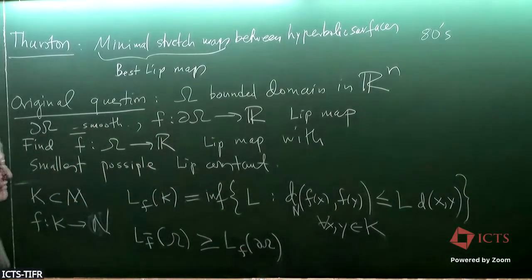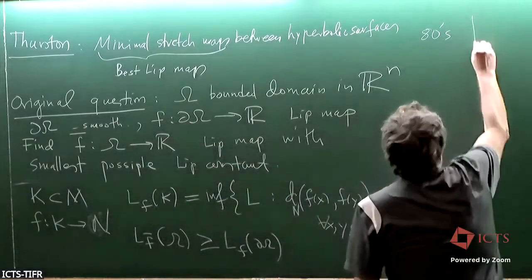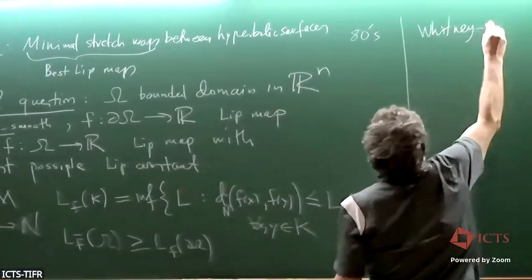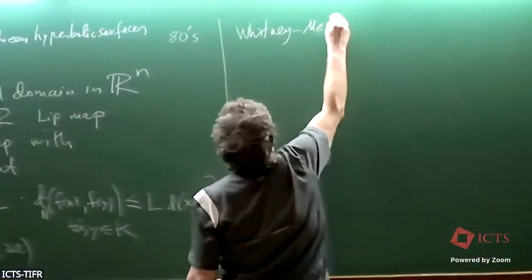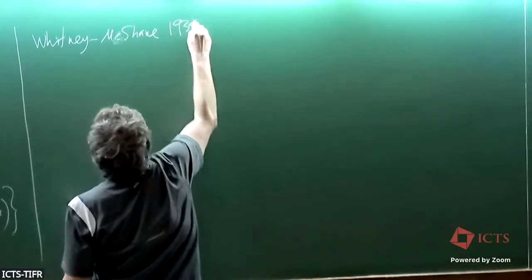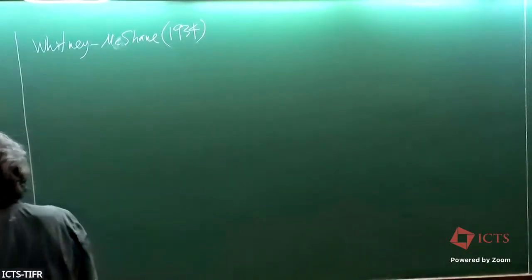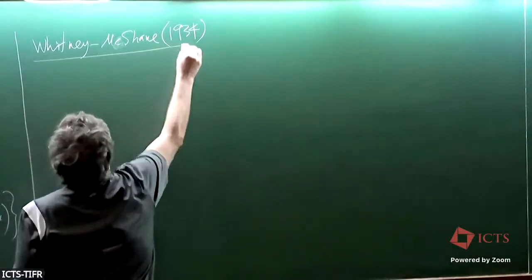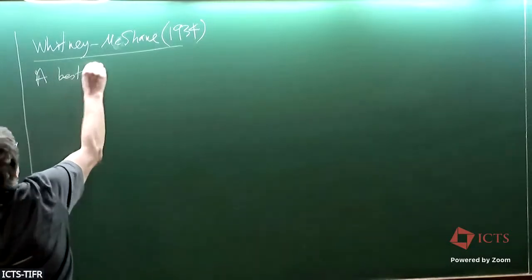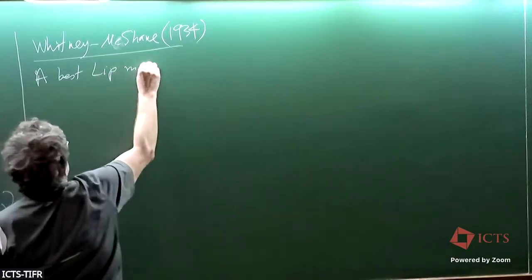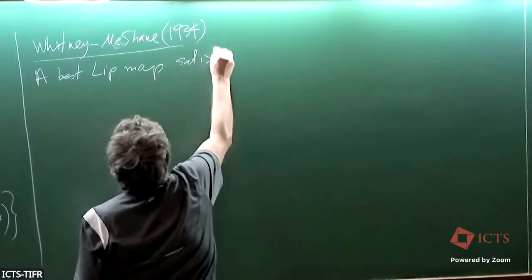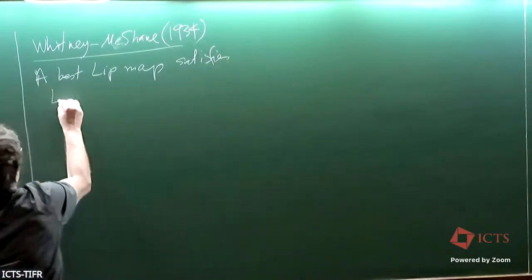And it's a classical theorem due to Whitney and McShane independently, I think 1934, that in fact the optimal map, or a best Lipschitz map, satisfies L(f bar on Omega) equals L(f on the boundary).